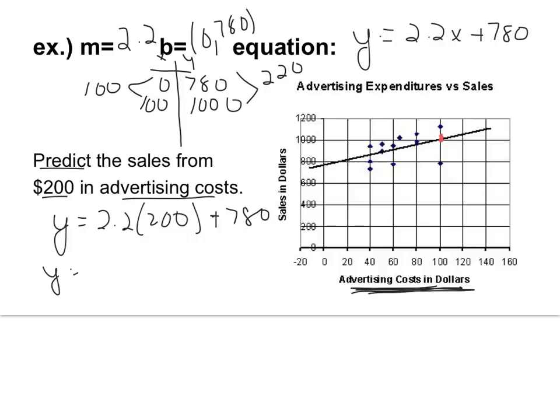That's going to be 440 to move over 0 would be 44 plus 780. So y equals, that's 4, that's 12, carry the 1, $824 in sales from that much advertising.